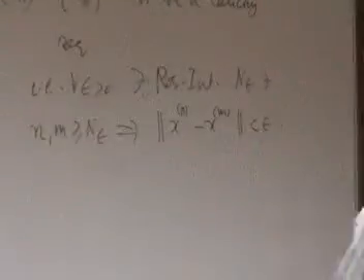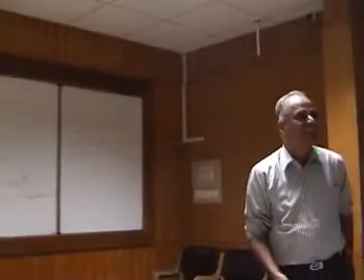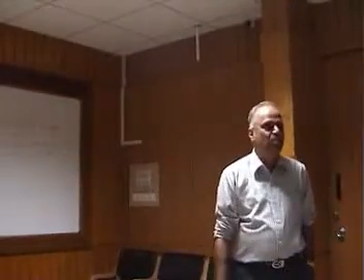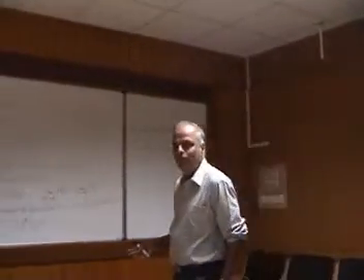But this is not guaranteed in an abstract normed linear space. If it is not guaranteed, put it as a hypothesis. If that is also satisfied, we call it a complete normed linear space, or in a very fancy way, Banach space. Banach was the one who introduced this idea.